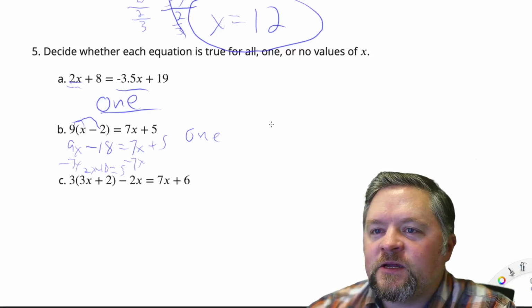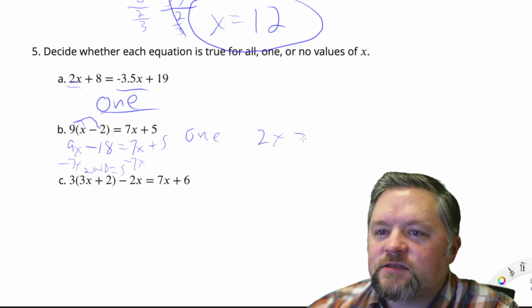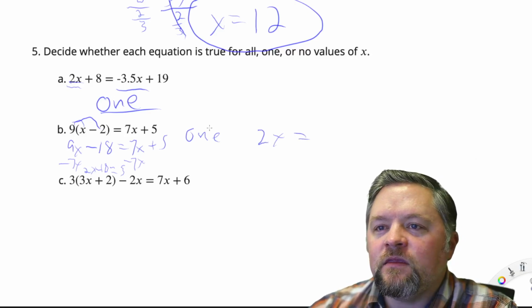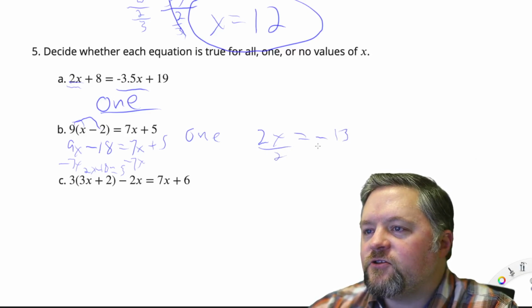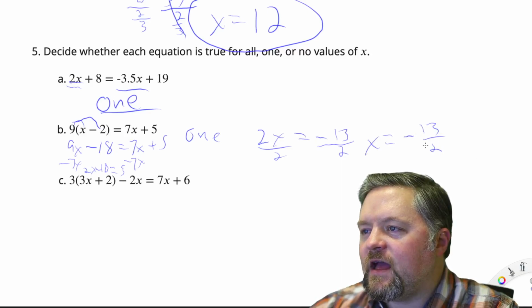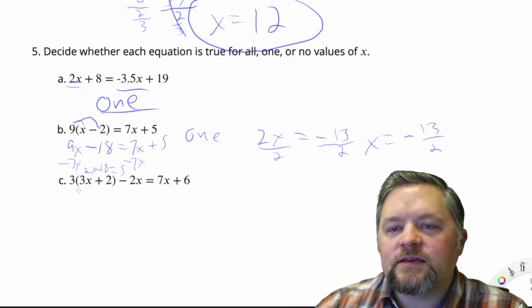Subtract 18 from each side. 2x equals 5. Subtract 18 is negative 13. Divide by 2. Divide by 2. X equals negative 13 halves. Okay, next one.